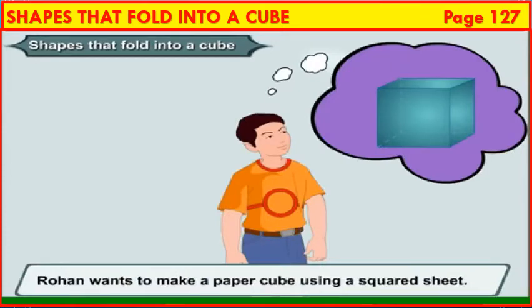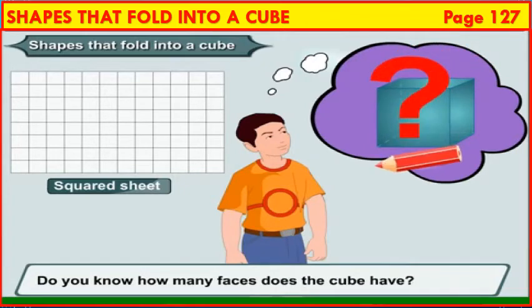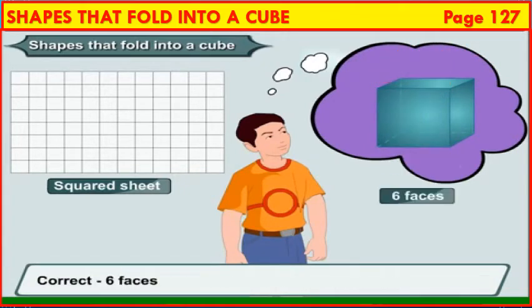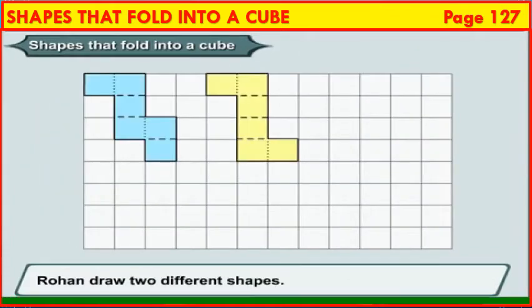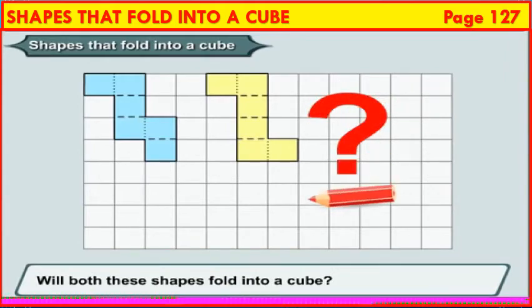Buddha wants to make a paper cube using a squared sheet. He knows that all the faces of a cube are squares. Do you know how many faces the cube has? 6 faces, right? Buddha draws 2 different shapes. Will both these shapes fold into a cube? Let us see.